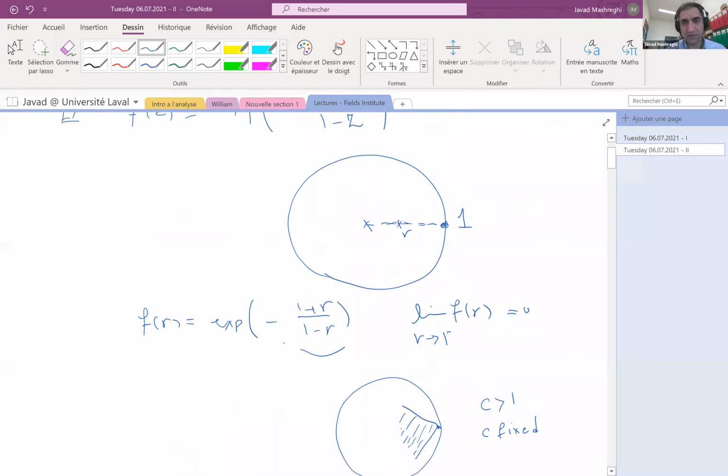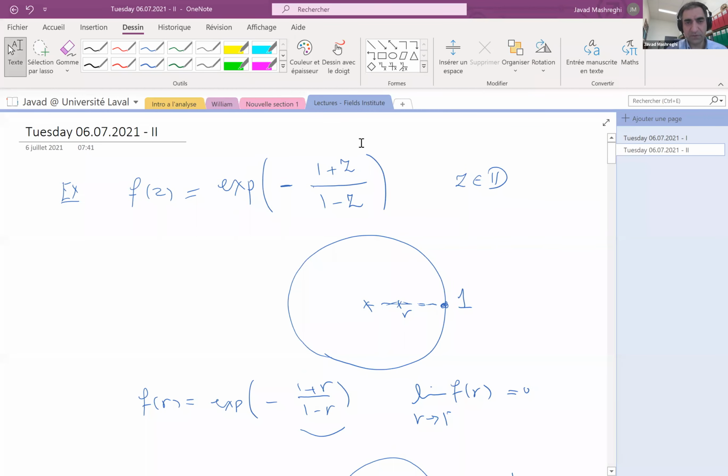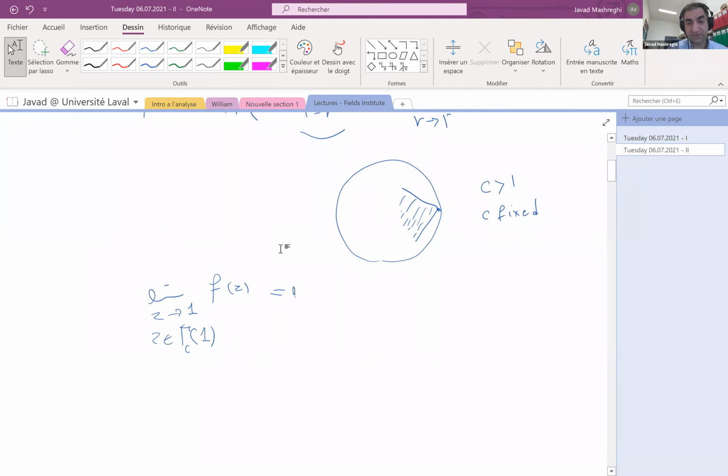It's not that difficult. You need to calculate the absolute value of this, and then you will see the Poisson kernel again. But at the end of the day, you see that if you go from inside this gamma c to the boundary, again the limit is equal to 0.